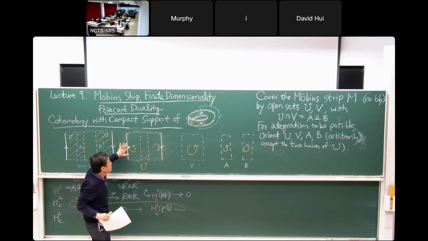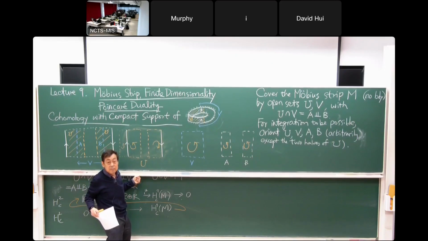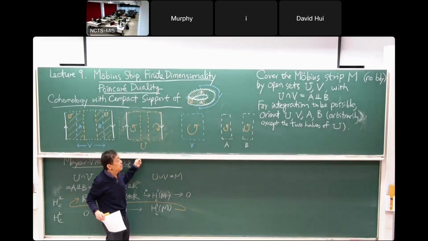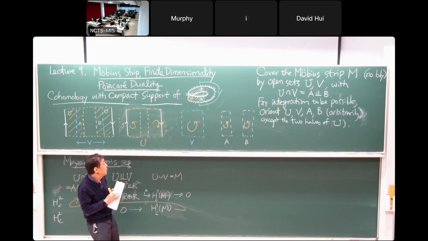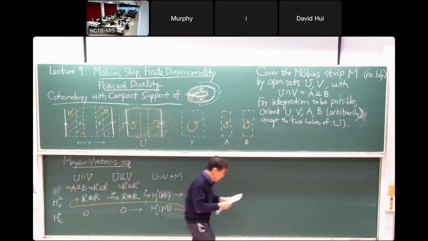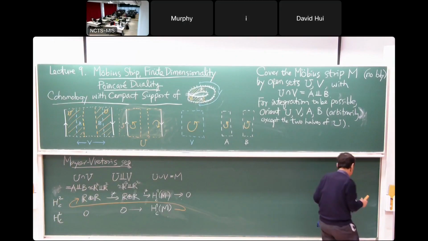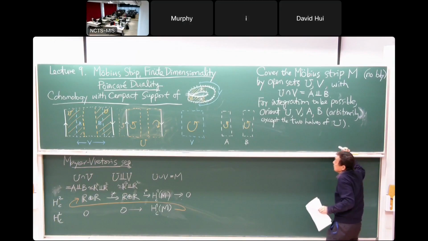Okay, now once you have orientations on all the open sets, then you can choose generators of H2C. These would just be two forms with compact support that integrate to one on each of the open sets. So we just choose them.